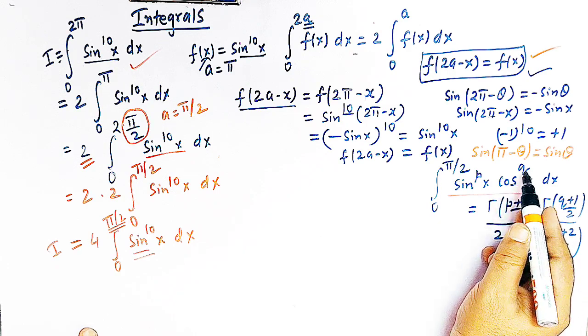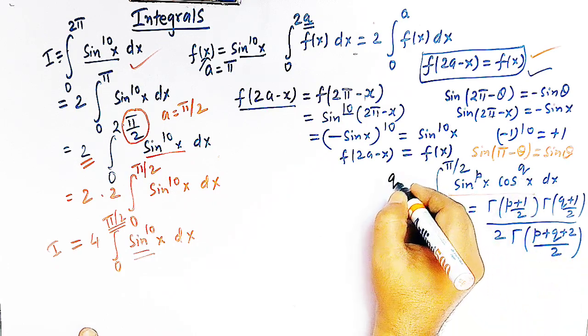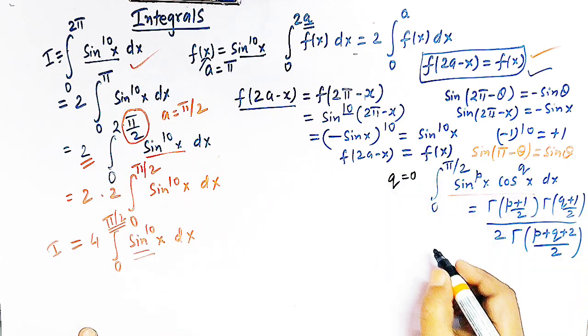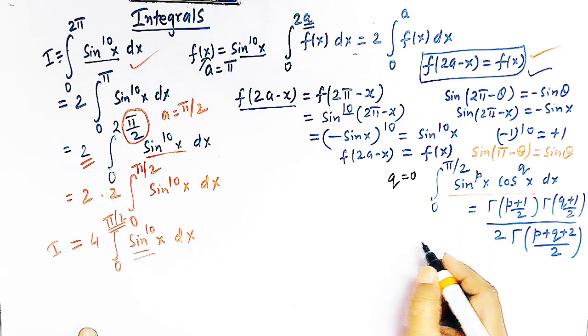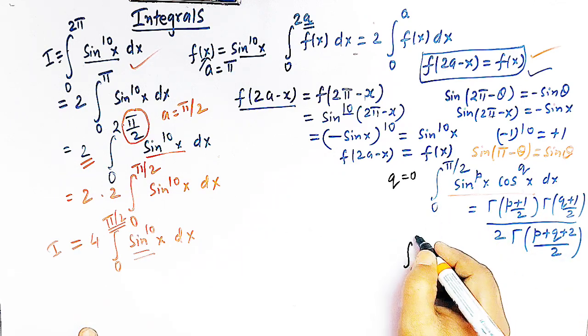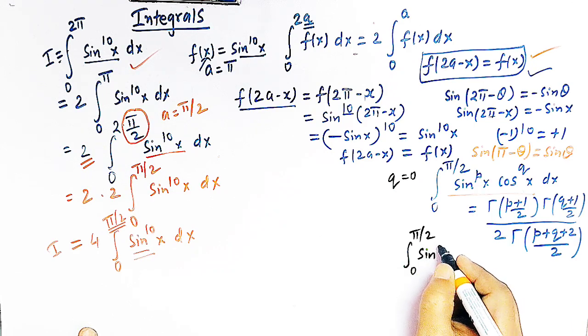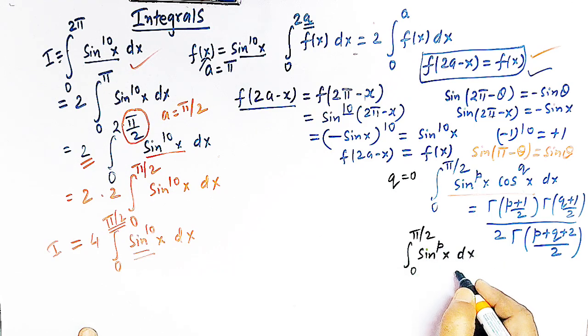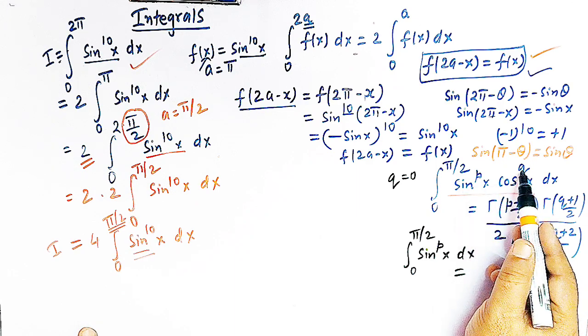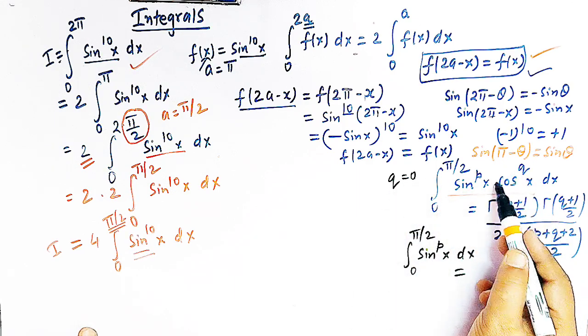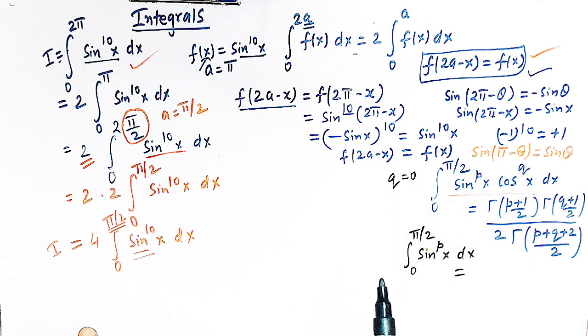So if we take q equal to 0 in this integral, then we have the formula for the integral 0 to pi by 2 sine x raised to p dx. We take q equal to 0 so that this term is equal to 1, because we wish to evaluate this integral where the integrand does not contain the cosine function.